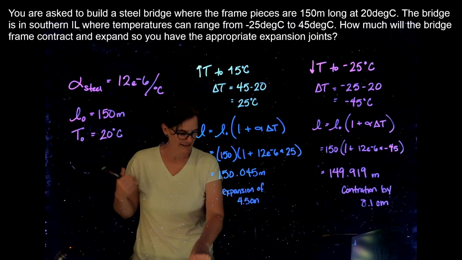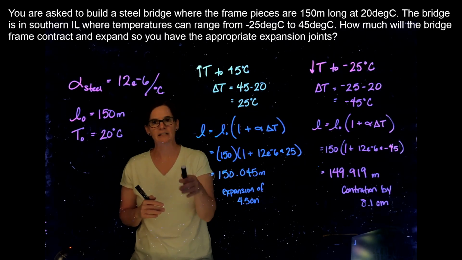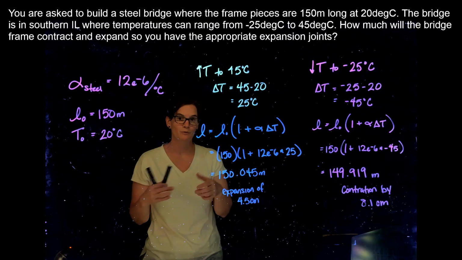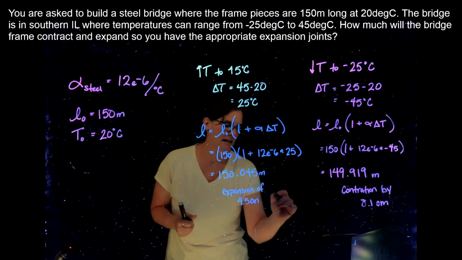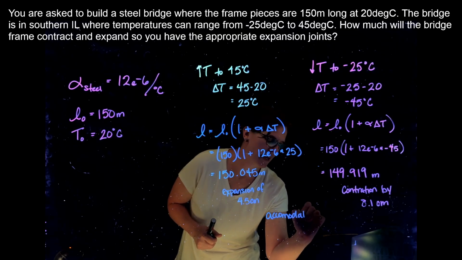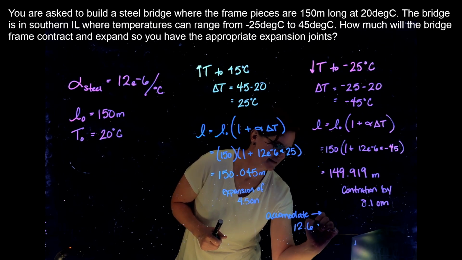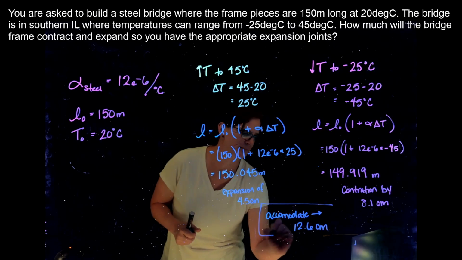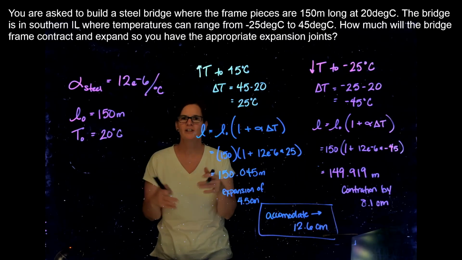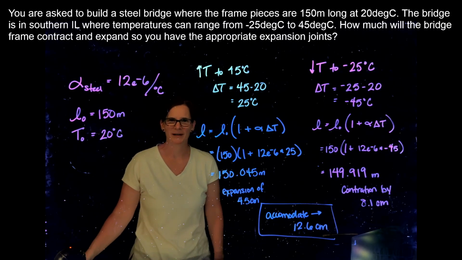So I decrease by up to 8.1 centimeters. I have an expansion by up to 4.5 centimeters. And so I need to be able to accommodate a range of 12.6 centimeters. So that's how much of a range I need to be able to accommodate.